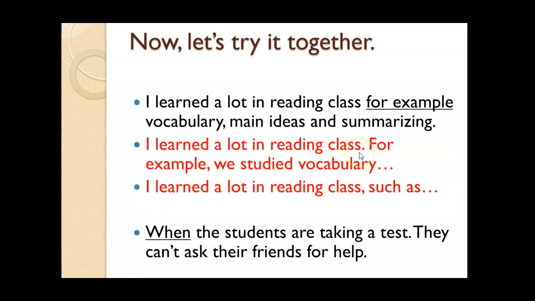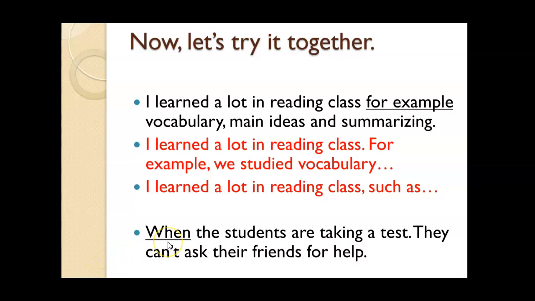We could put a period after class or a semicolon, then have the connecting word, for example, and then a new subject verb, we studied, vocabulary, main ideas, and summarizing. Or we could change, if we just want to keep those three items in a list, instead of for example, we could use such as. I learned a lot in reading class, comma, such as, which is a preposition, and then put the list of items, vocabulary, main ideas, and summarizing.